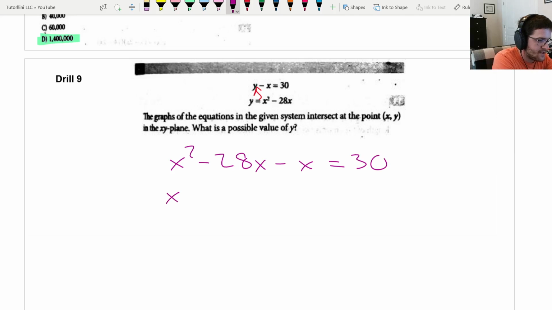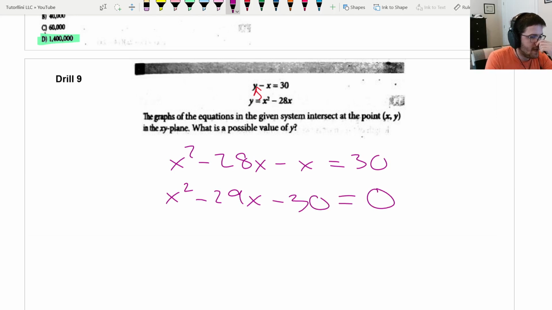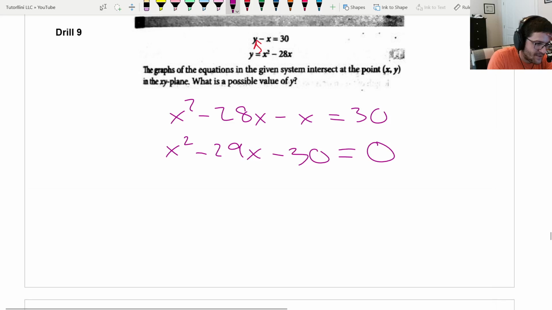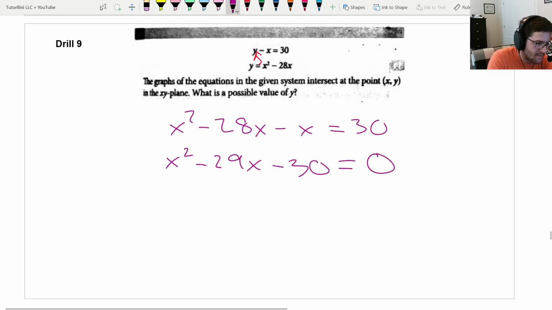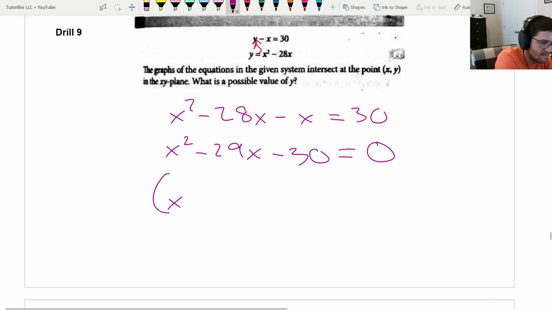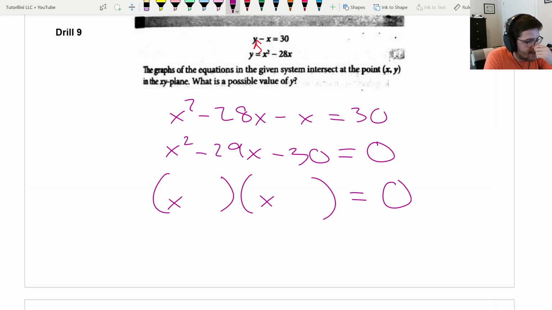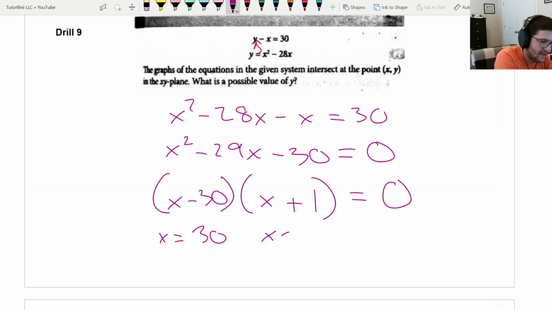And that is x squared minus 29x, and then if I move the 30 over, that's minus 30 equals 0. Now let's see if I can factor this. It's probably 30 and 1. It adds to negative 29, so negative 30 and positive 1. So the two x values are 30 and negative 1, using the zero product property.